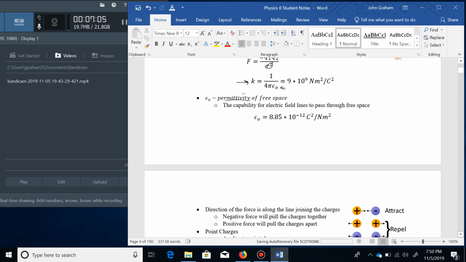It's also a constant, and this one's harder to remember, but you may get used to seeing it so much that you remember it. And it's 8.85 times 10 to the negative 12 coulomb squared per newton meter squared. And so 1 over 4 pi times our epsilon 0 gives us 9 times 10 to the 9th, which is okay. So we can easily write this equation. Let me scroll up so I can write it in.